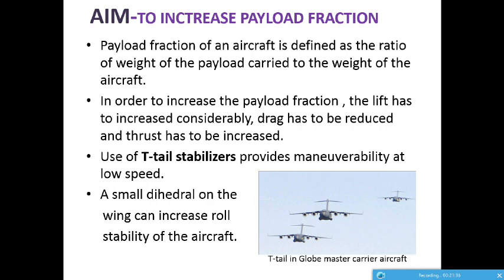Usually when we consider an aircraft, the horizontal stabilizer or vertical stabilizer will be right behind the wing, so at low speed there will be a turbulent flow of air over the upper surface of the wing. When this air flows over the stabilizer, there will be some maneuverability problem.